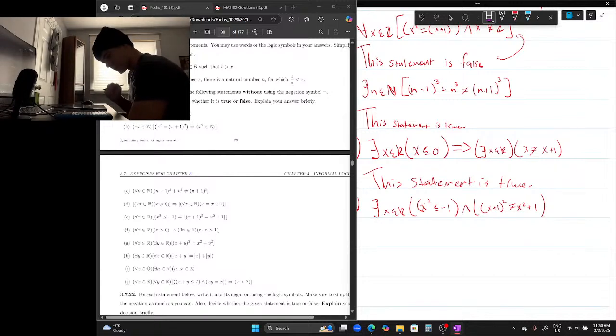This is if x squared is less than or equal to -1. The only number that satisfies this equation is 0. So 0, and 0 plus 1 is 1, is equal to, so the original statement is actually true.